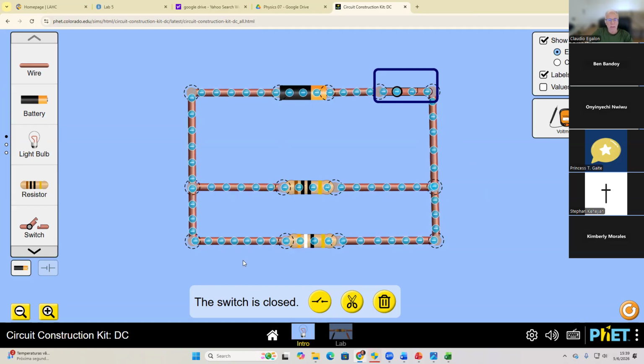There's a reason for that. The reason is the following. The battery alone sees a resistor with a lower resistance because those two are connected in parallel. Because this resistance is lower than this other resistance, these electrons flow faster than these other electrons.